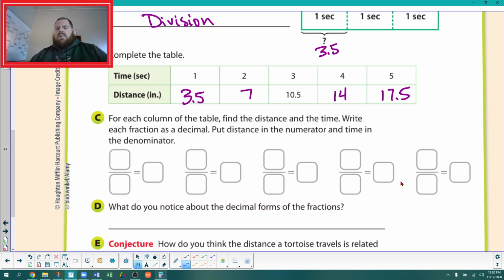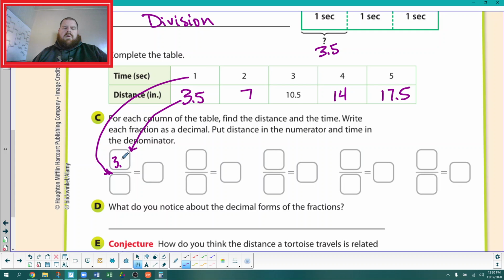And now for each column in the table, I want to find the distance and the time. We did that, okay? Then I want to write each one of these as a fraction and then as a decimal. The way I'm going to write that, I want to put the distance in the numerator and the time in the denominator. So distance will go in the numerator, time will go in the denominator.